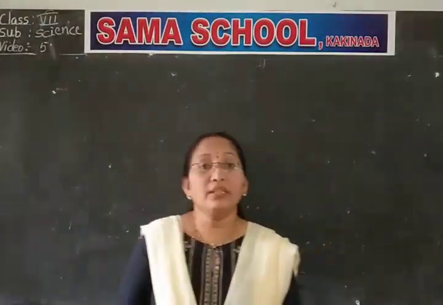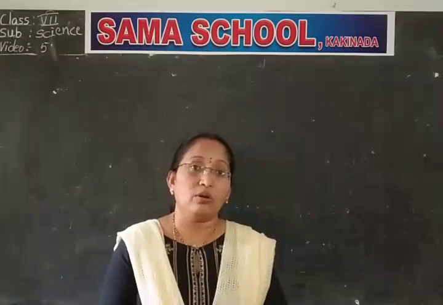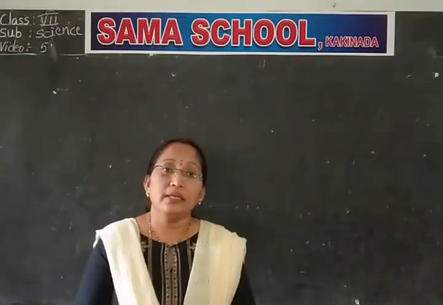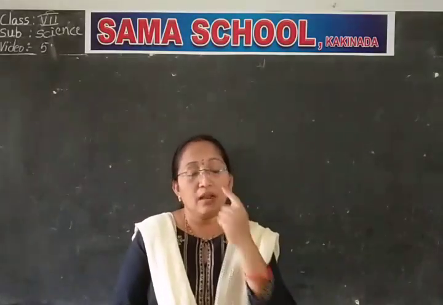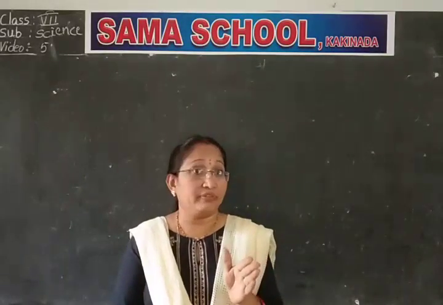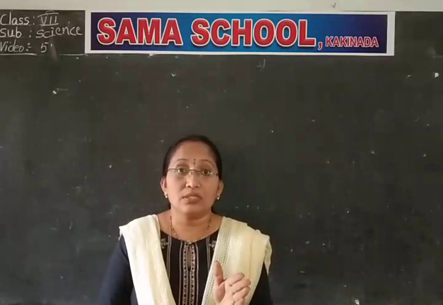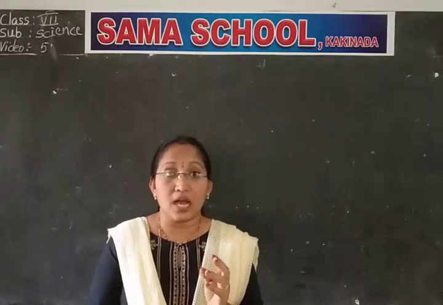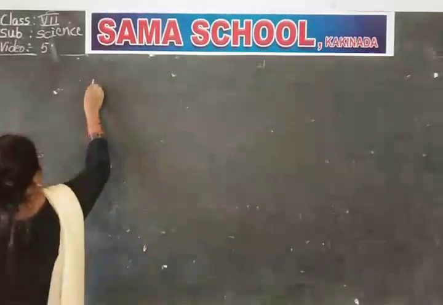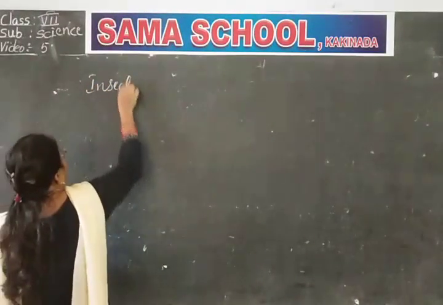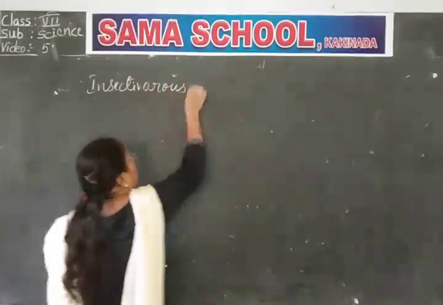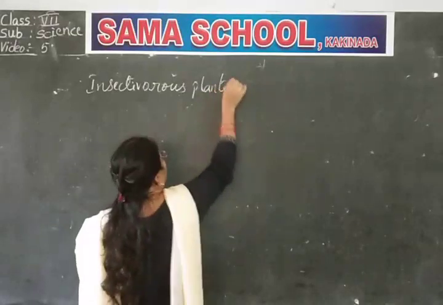So I explained heterotrophic nutrition by taking Cuscuta as an example, isn't it? Now I shifted to the different types of heterotrophic nutrition. Those are insectivorous, carnivorous nutrition, which I explained with pictures of plants. Insectivorous plants, what are those?